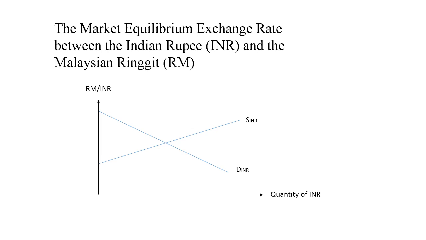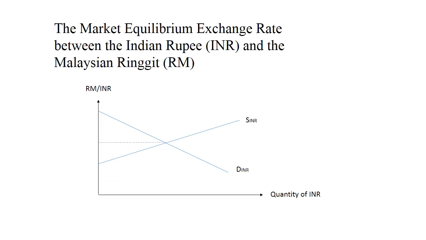The same concept we are going to apply to this market equilibrium exchange rate. We know that the value of a currency will be determined by the market equilibrium, and therefore quantity demanded of Indian rupee will be equal to quantity supplied of Indian rupee.